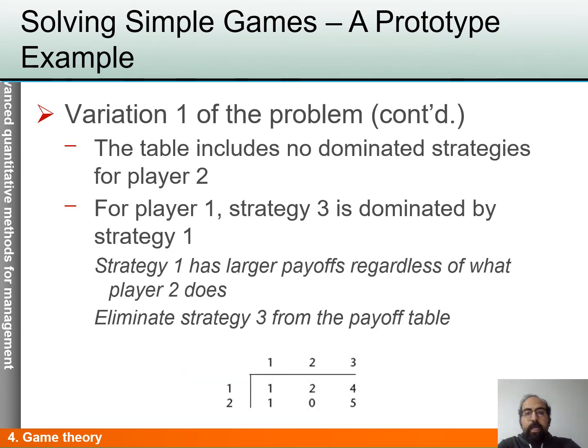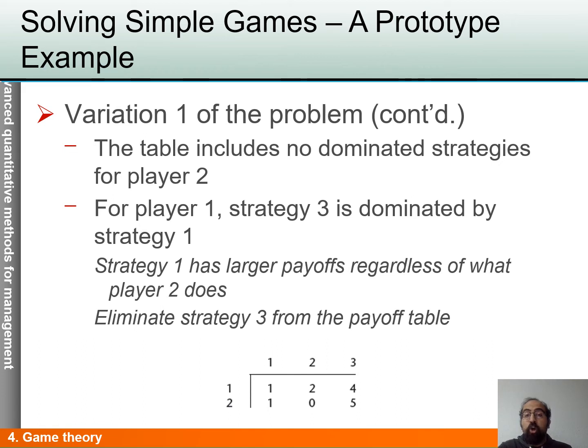So, in this slide, we just review what I told you in the previous slide. Here is just talking about the dominated strategies. Okay, as you remember, for player 1, strategy 1 is dominant in comparison with strategy 3.